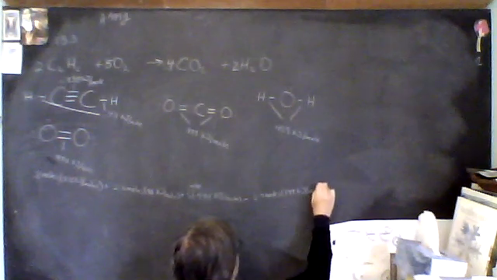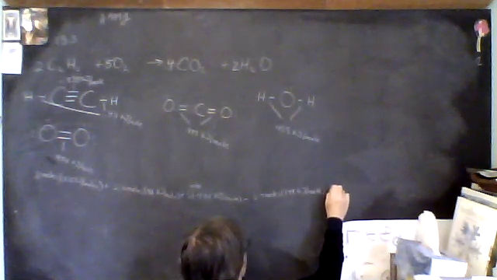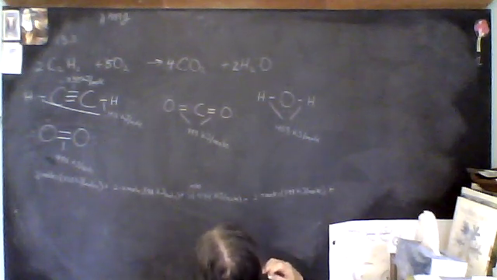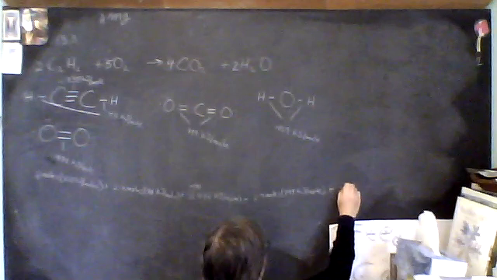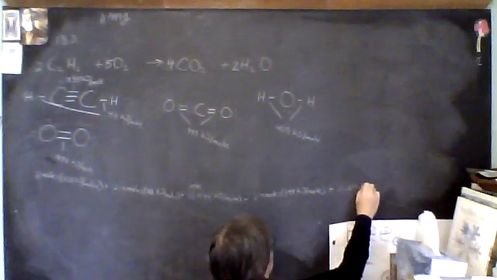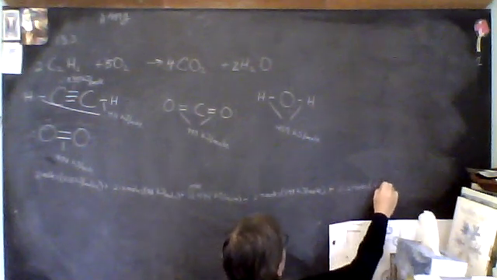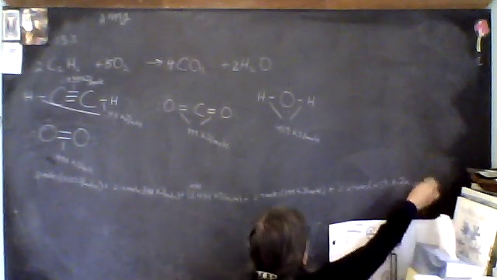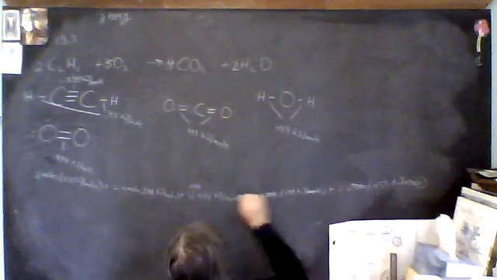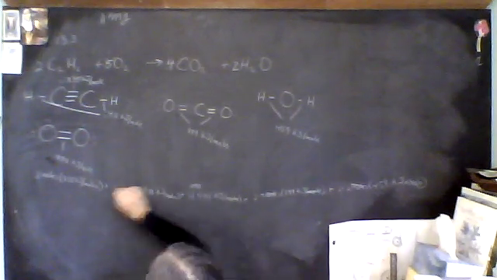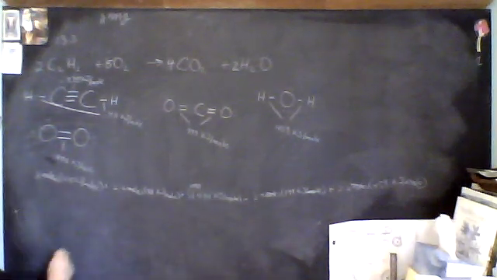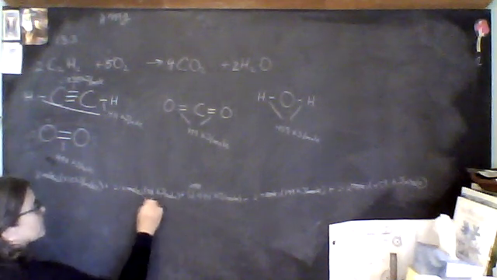Plus 4 times 2 times 2 moles, 459 kilojoules per mole. And we plug in those numbers and we come out with negative 2,400.